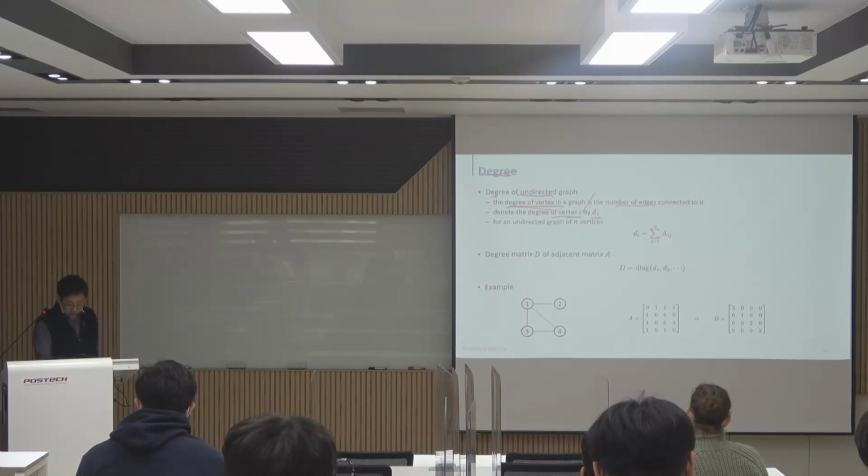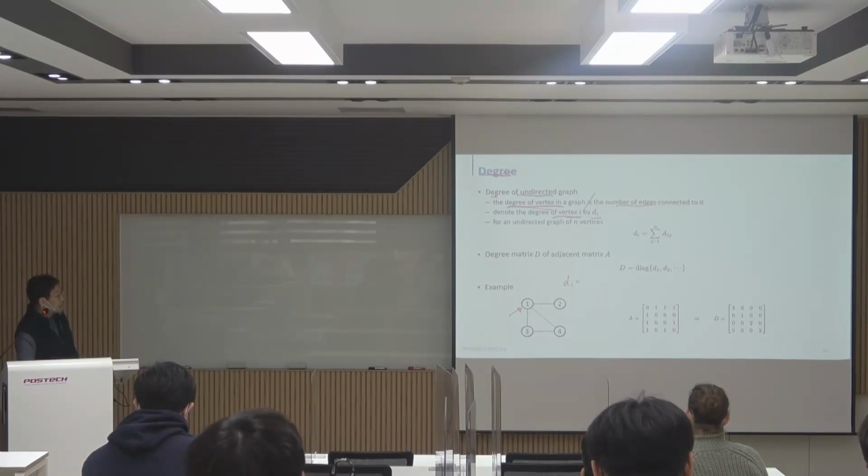So let's see, what's the degree of vertex 1 in this graph? By definition, it is the number of edges connected to it. What's d of 1?